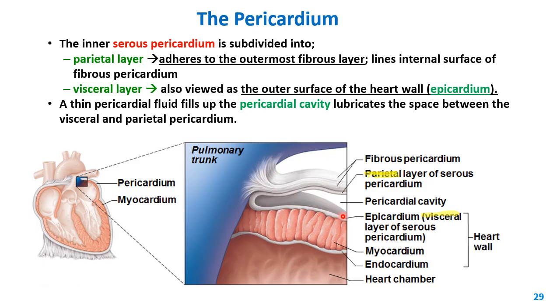This is part of your pericardium. Pericardium is around the heart on the outside, right? Then the middle part, you have your myocardium, that is your muscle, and then the inner part, you have your endocardium. So these three parts here really make up your heart wall.